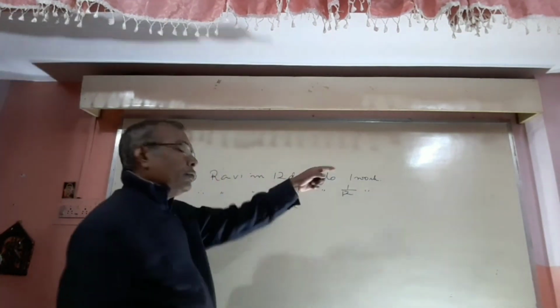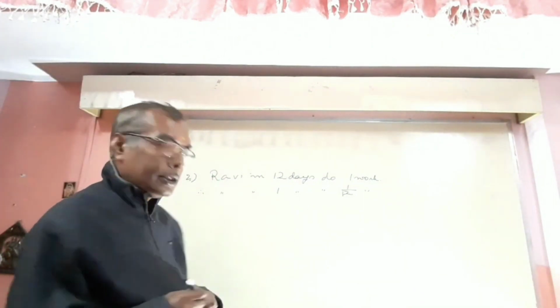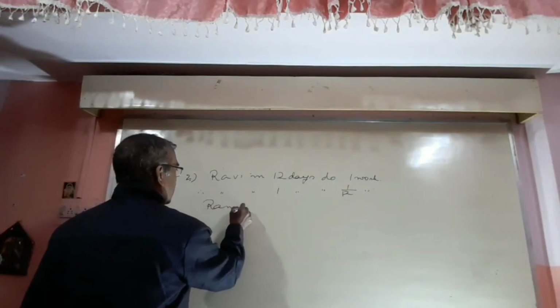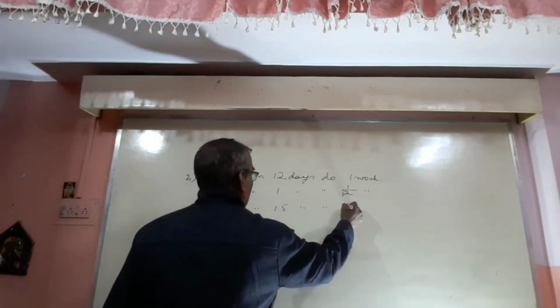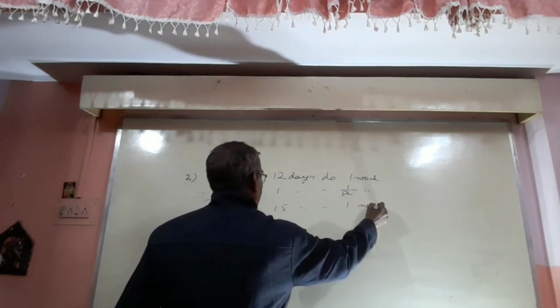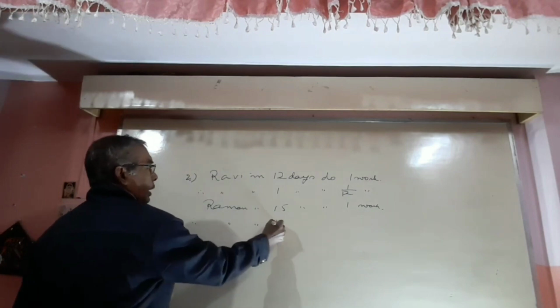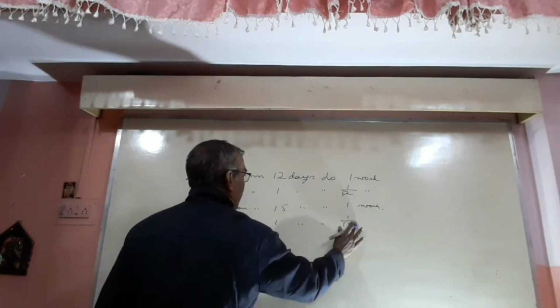In 12 days he does one work, so in 1 day it is less work, which means division. Similarly, Raman in 15 days does one work. So Raman in 1 day does how much work? 1 by 15 work.